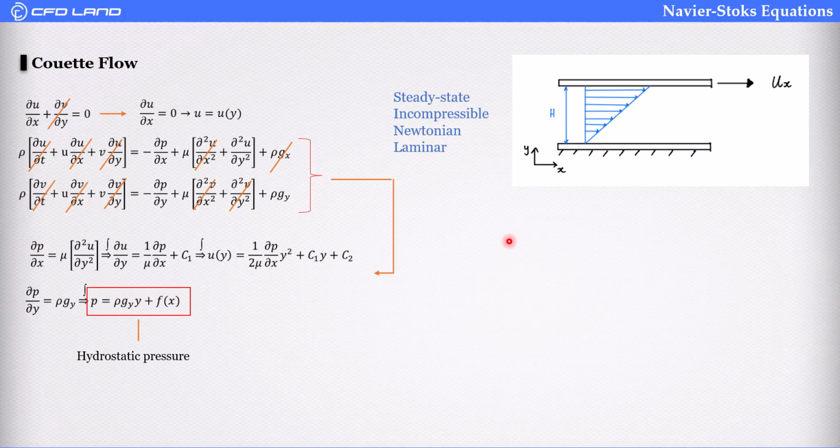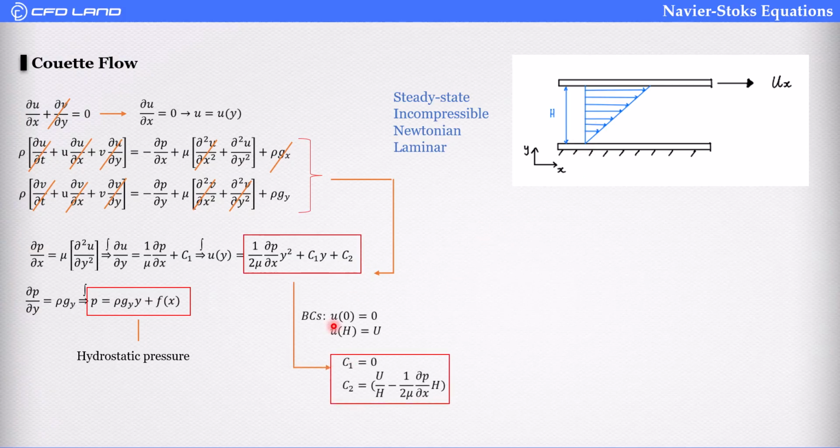Now we use boundary conditions. What are the boundary conditions in our problem? At y equals 0, u is 0, and at y equals h, u is U. And when we input them into our equation, we get C1 and C2. So u can be defined as it's shown here.